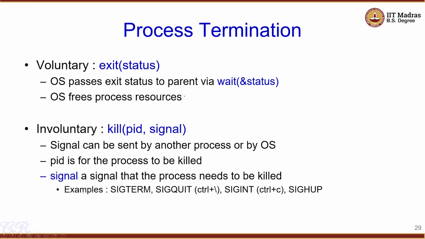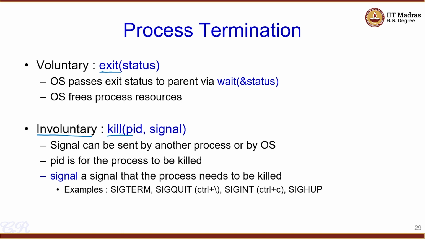The child process terminates in two ways. One is a voluntary way by invoking this system call called exit. The other is an involuntary way by the system call called kill, right?